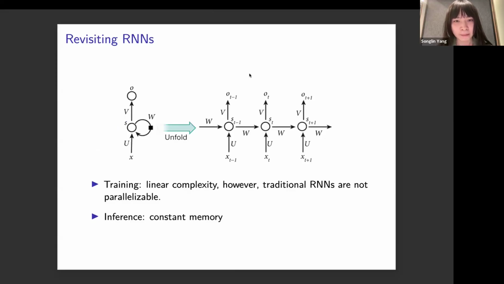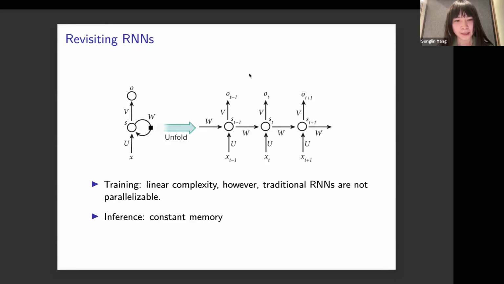Let's have a quick recap of the classical recurrent neural network. RNNs are a very classical architecture that was very popular before transformers. They have linear time training complexity. However, this does not mean that RNNs can be trained in a hardware-efficient manner.